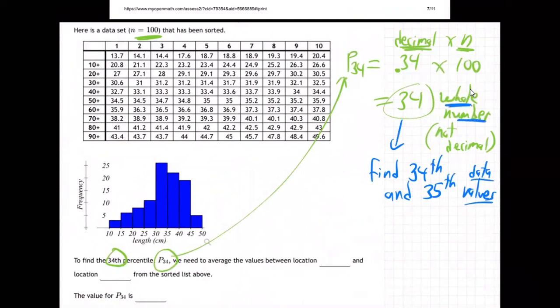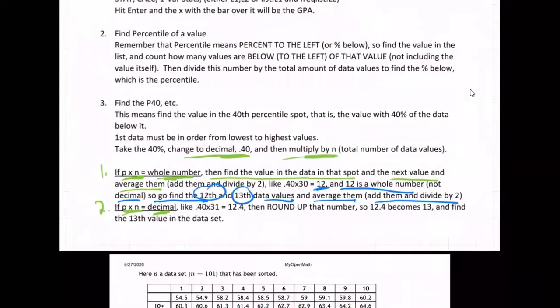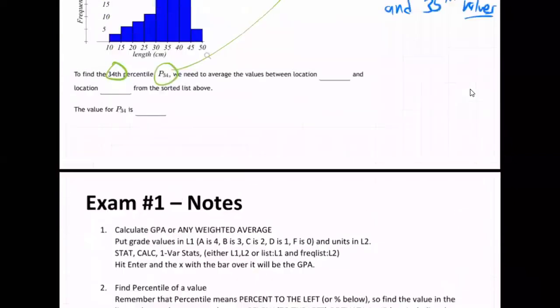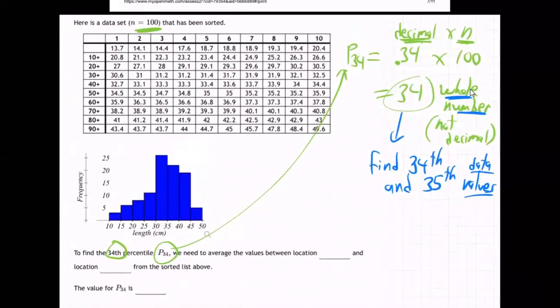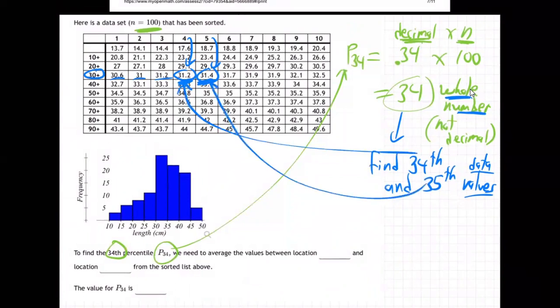When you get a whole number, go find that spot and the next spot, add them and divide by 2, average them. So go find the 34th. How do you find the 34th? Well, here's the 30s. This is 31, 32, 33, 34. See the 4 there? And this is 35. So there's the 34th and the 35th data values. The 34th data value is right there. The 35th data value is right there.